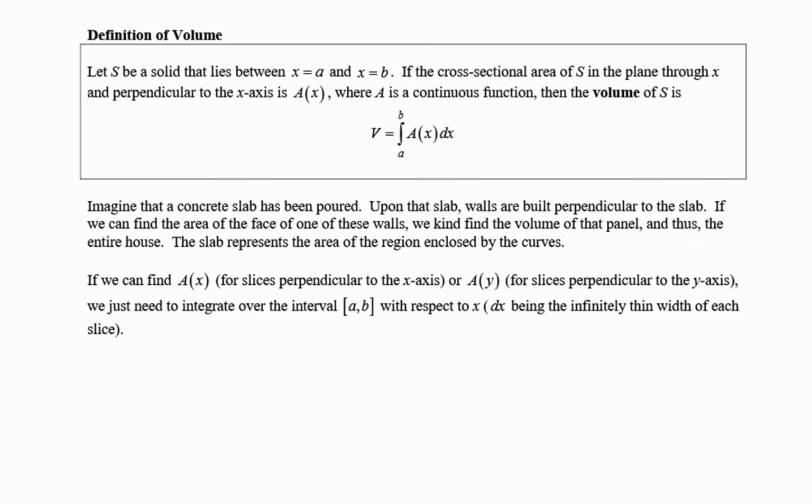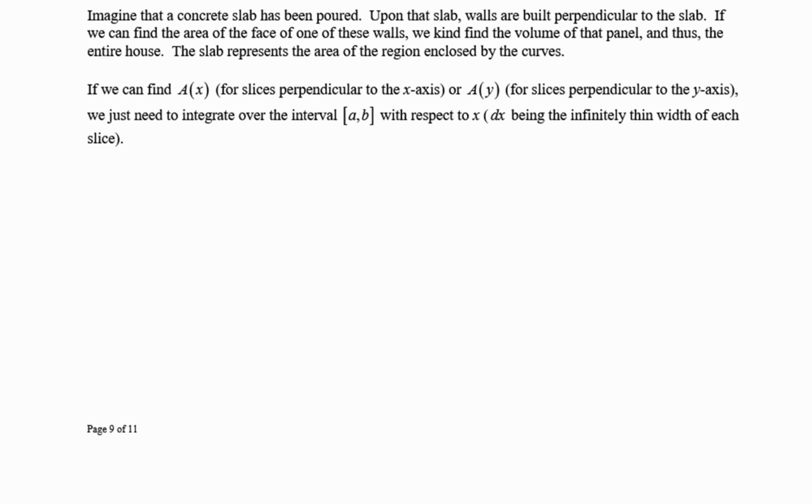So let's maybe draw a picture. All right, here's our concrete slab. And maybe these walls that we're going to build, maybe, that's kind of a boring slab. We want to make it more exciting. It is calculus, right? So maybe our slab looks like this. I don't know why you would pour a slab like that, but who knows?